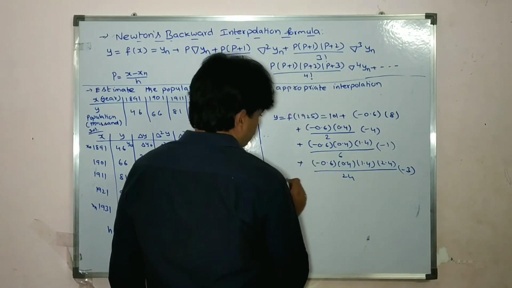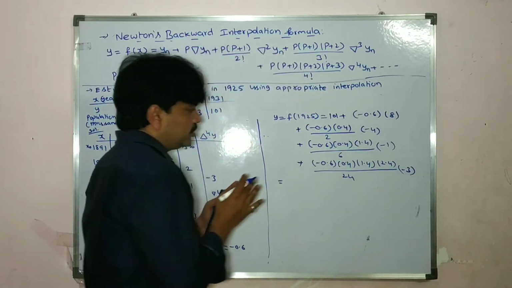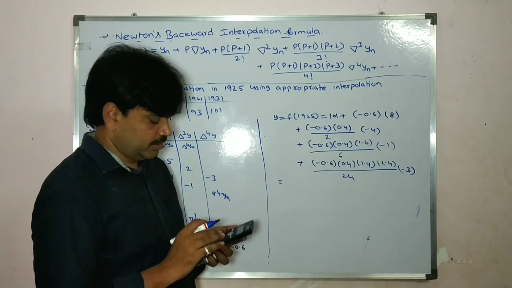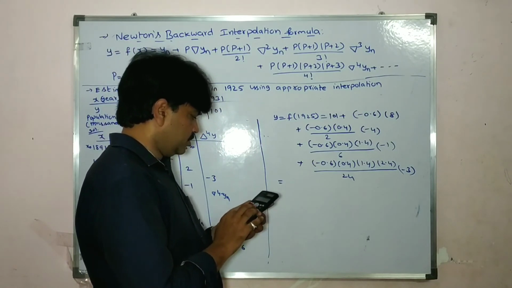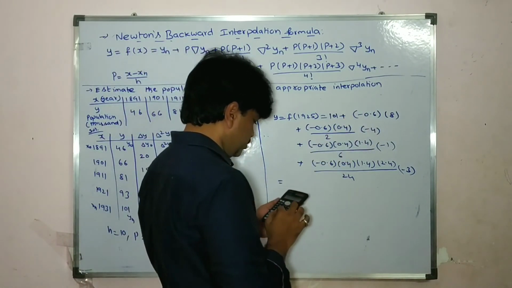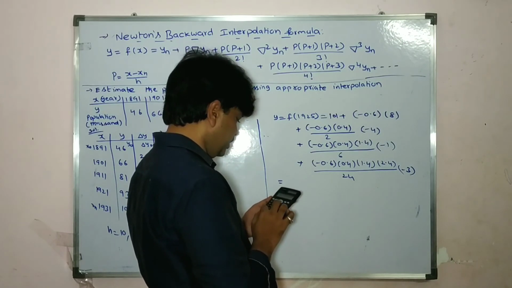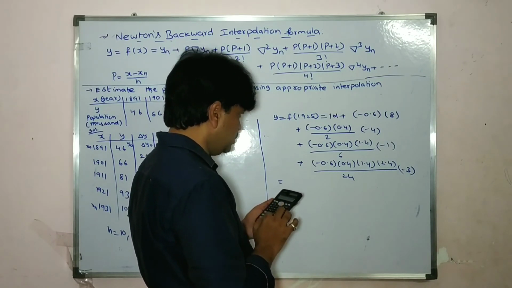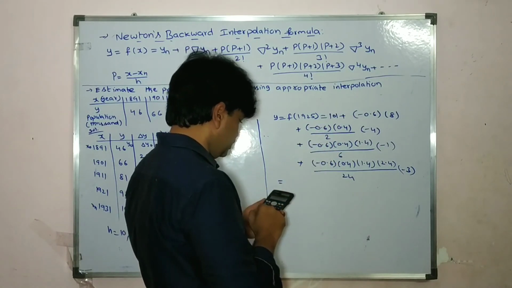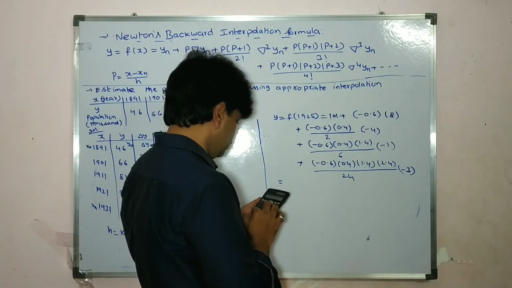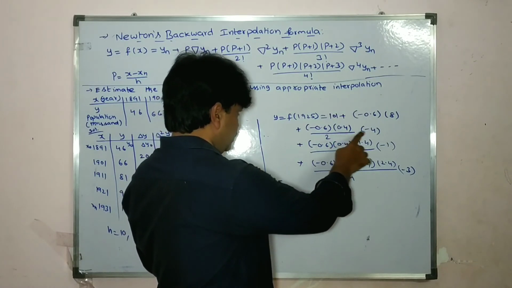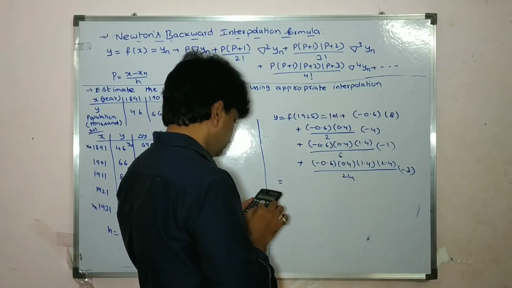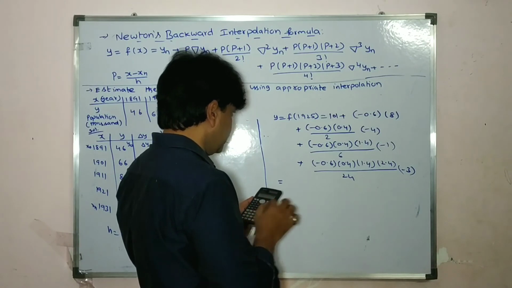So you always calculate this value in the calculator, students. 101 plus, minus and minus gives plus: 0.6 into 8. Then minus and minus plus: 0.6 into 0.4 into 4, bracket close, divided by 2.